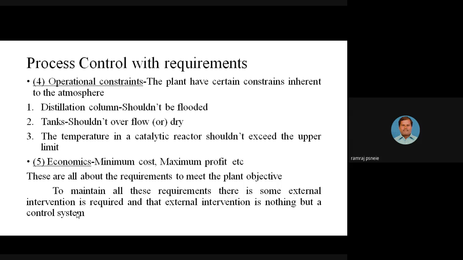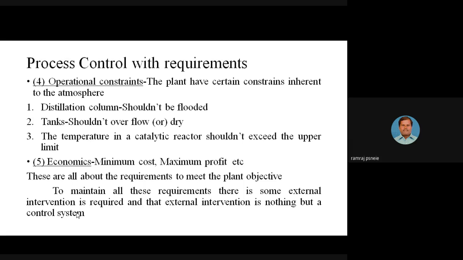Third one is the temperature in a catalytic reactor should not exceed the upper limit, because beyond that temperature, the catalyst loses its property or the catalyst gets damaged.